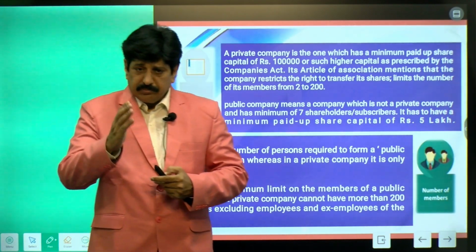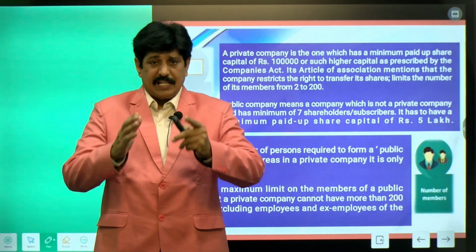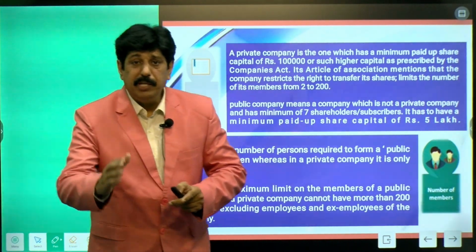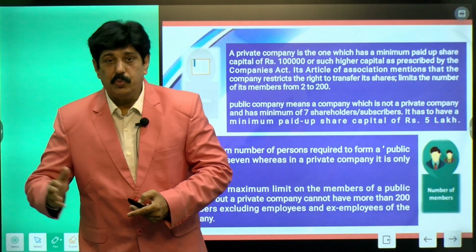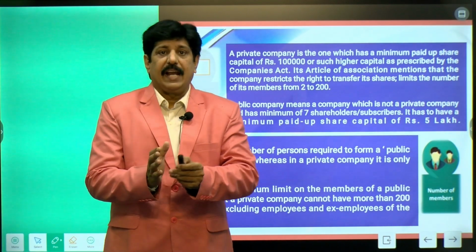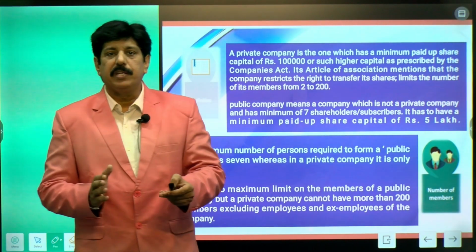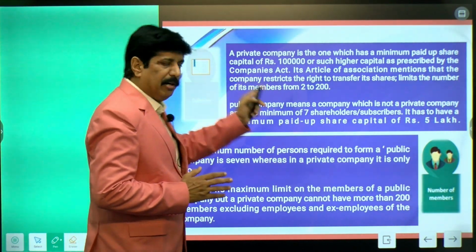From the share transfer point of view, there is a restriction on share transfer. And coming to the number of members, minimum 2 members and maximum only 200 members. With these characteristics, we can simply call such a company a private company.